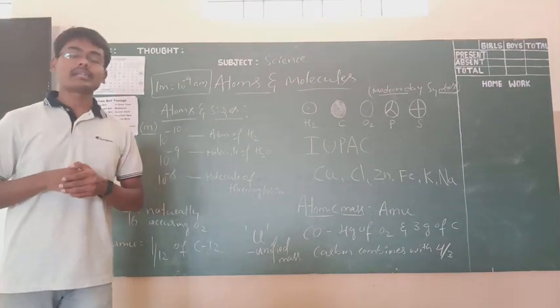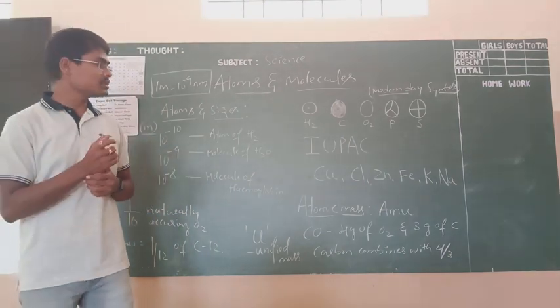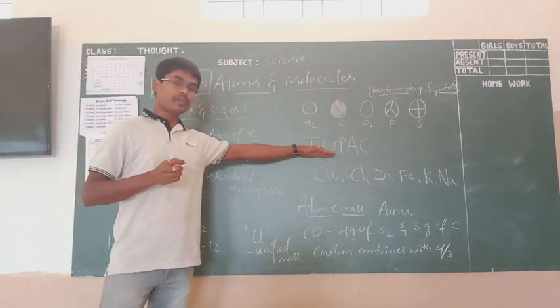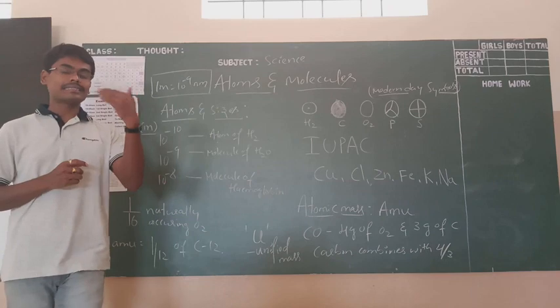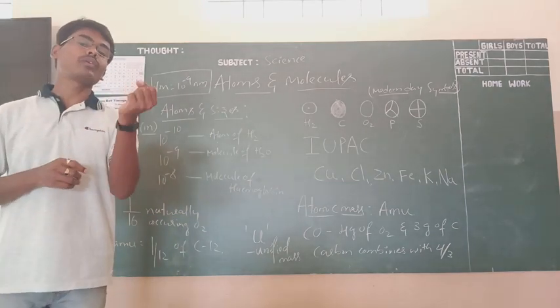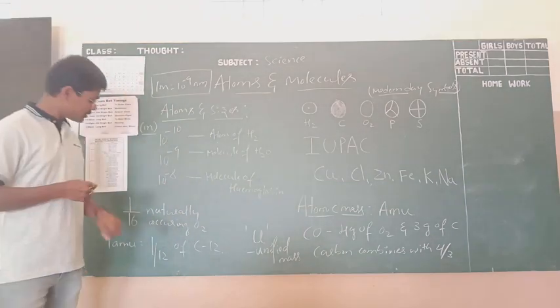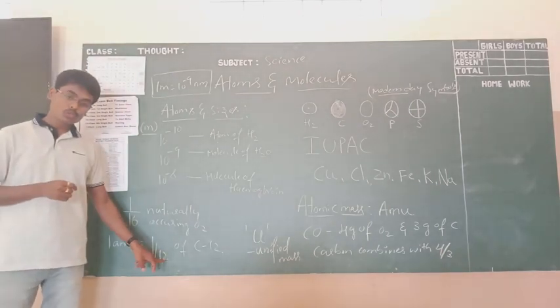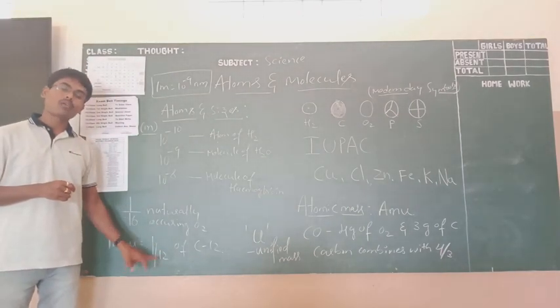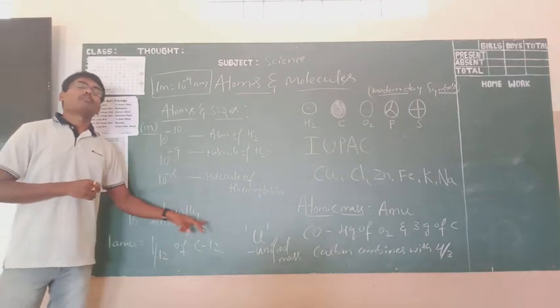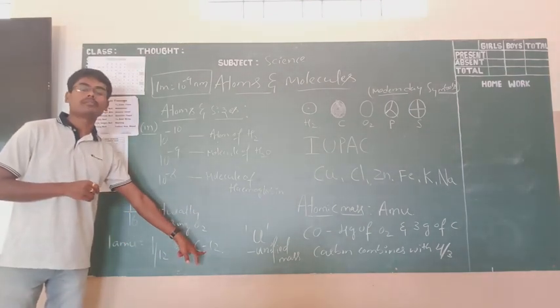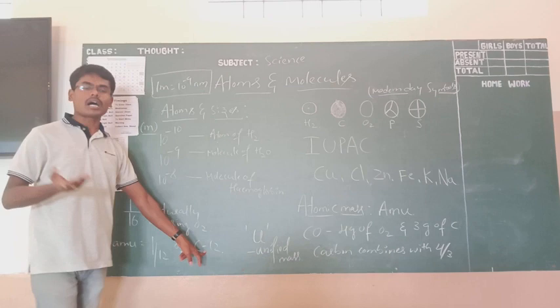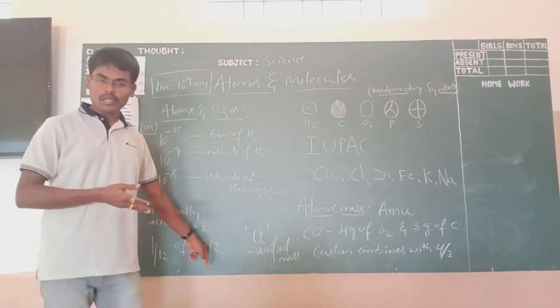But nowadays, according to the recommendations given by the IUPAC, and that is moreover universally accepted, 1 atomic mass unit is equal to 1 over 12 of the mass of carbon. And you know that the mass number of carbon is 12.